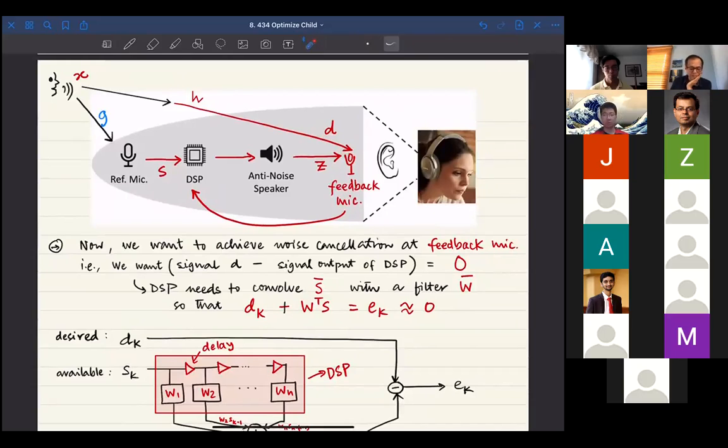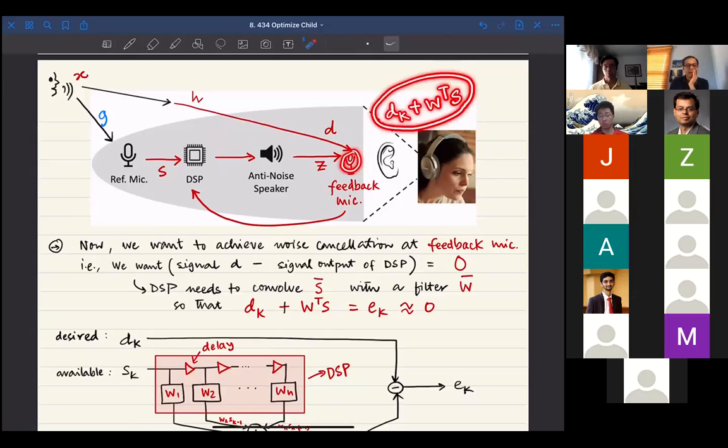So the only control you have is w transpose, which is what your signal processing chip has. You multiply w transpose with s, and you want w transpose s to be the opposite of dk. With a plus, the feedback microphone is going to get dk plus w transpose s, and then it cancels.